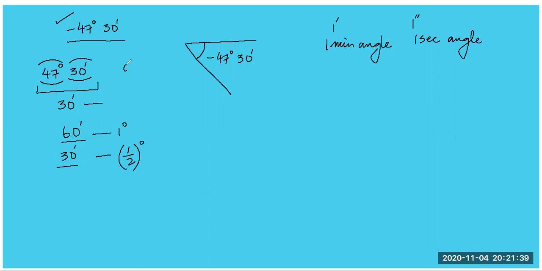So this becomes 47 degrees plus how much? 30 minutes is how many degrees? Come on, students. Half. Half a degree. So 47 plus half. I have converted 30 minutes into degrees.